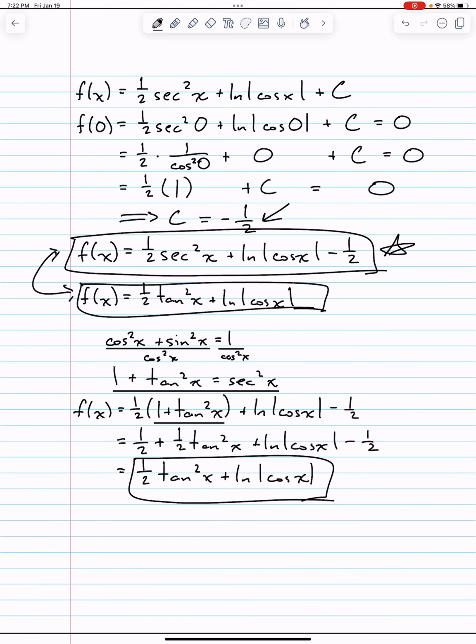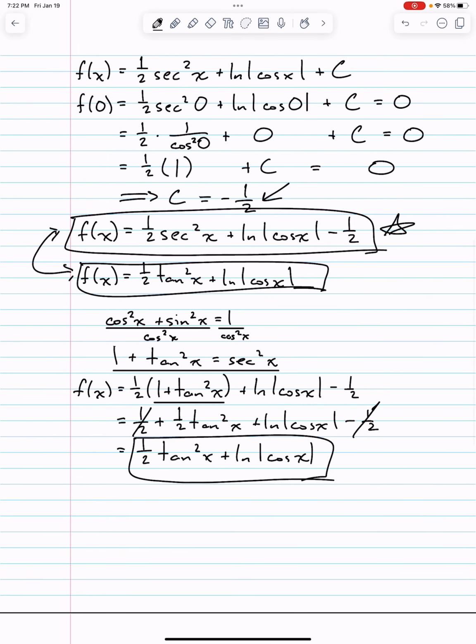When I do that and distribute the 1/2, you see that the 1/2 here and the negative 1/2 here cancel. After that substitution, I get 1/2 tangent squared x plus natural log of absolute value of cosine x. I didn't change this function, I just re-expressed it into something that looks different but is equivalent.